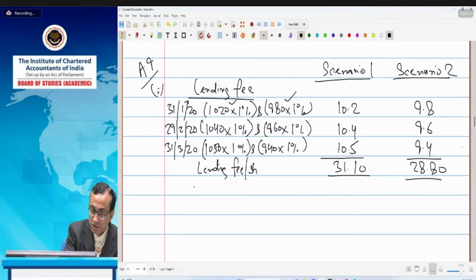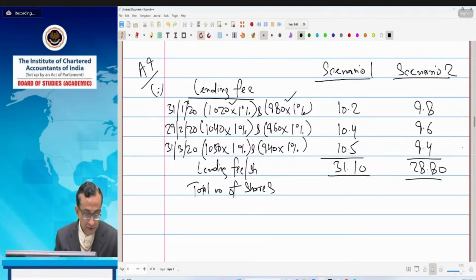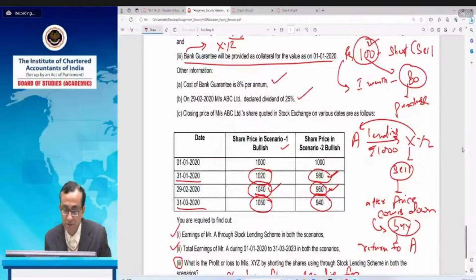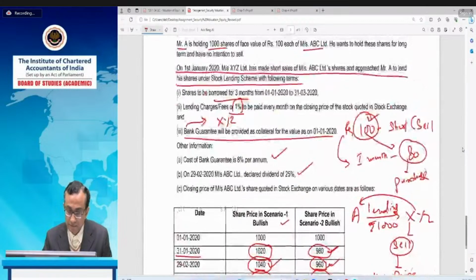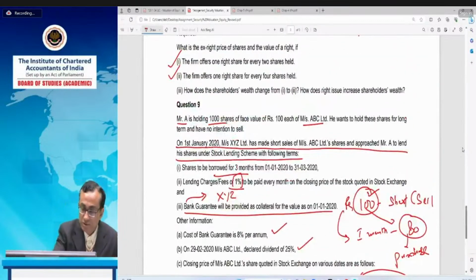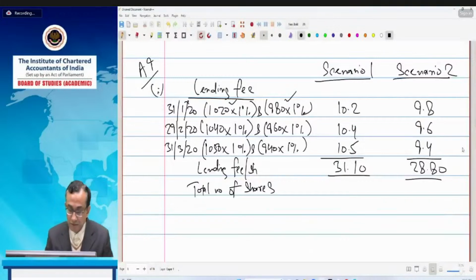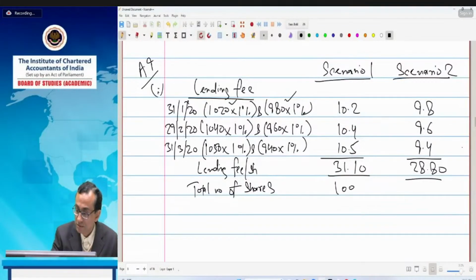Now, what is the total number of shares? It is given in the question: 1000 shares. So we multiply 1000 with the lending fee per share.